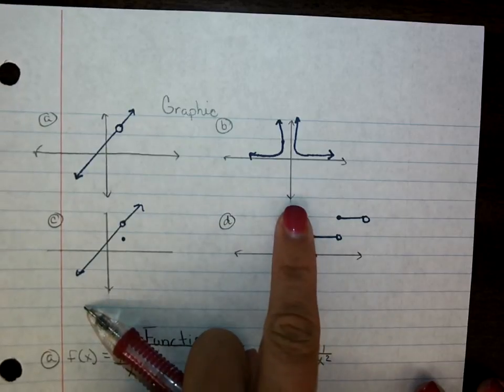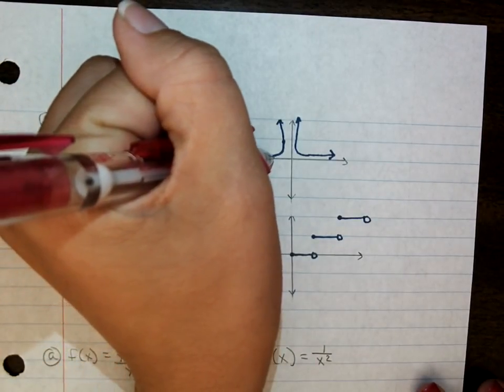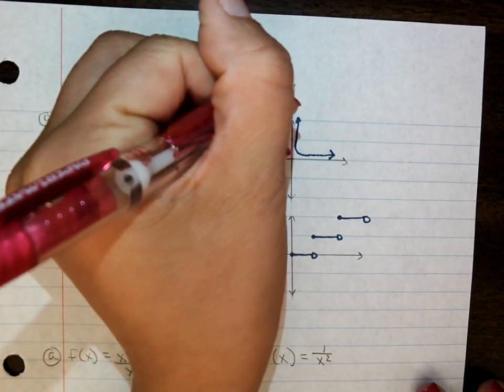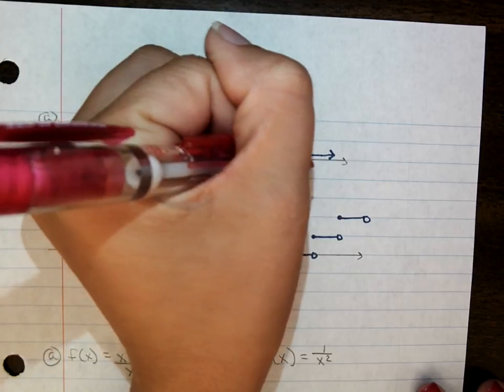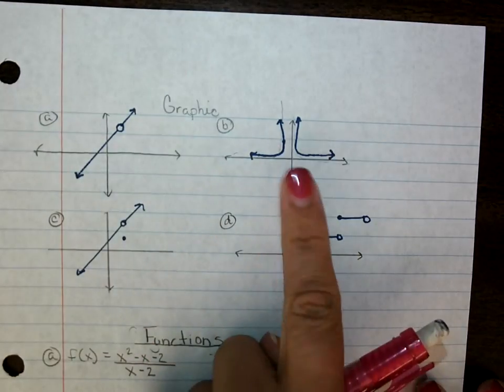This function here is discontinuous as well, because I'm going to go from here, go, go, go, but then I'm going to have to lift my pencil up and come back over and go. So this is also a discontinuous graph.